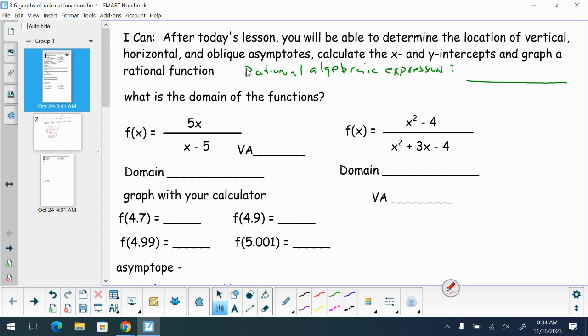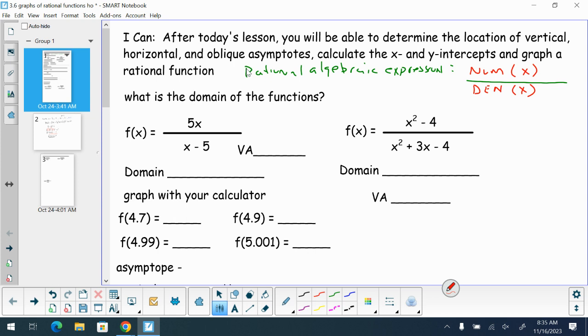You have a numerator in terms of x, and then a denominator in terms of x. Now, it could be a constant on one or the other, but you have a numerator and you have a denominator.